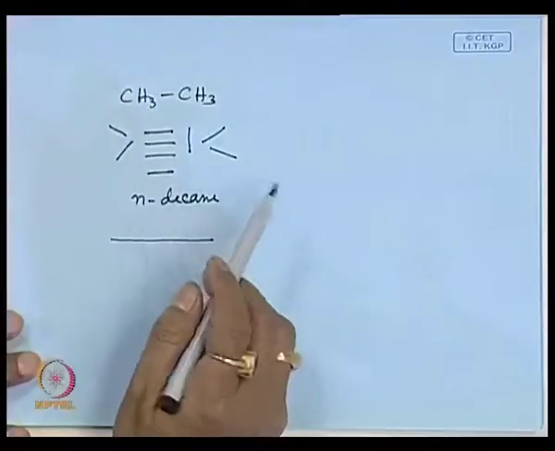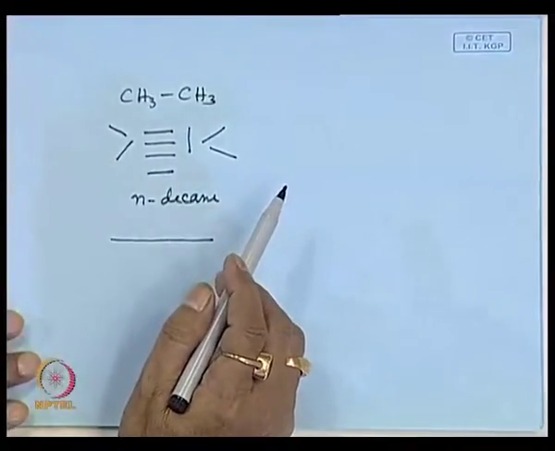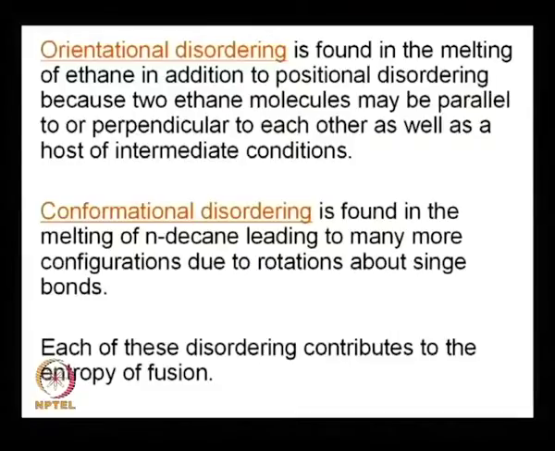That is more pronounced in normal decane. It is found that melting of n-decane leads to many more configurations due to rotations about single bonds. So methane gives only positional disordering, ethane gives positional as well as orientational disordering, and normal decane, or beyond methane, we can get positional, orientational as well as conformational disordering.